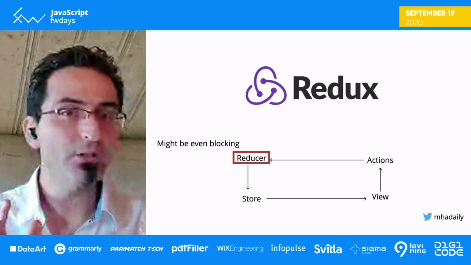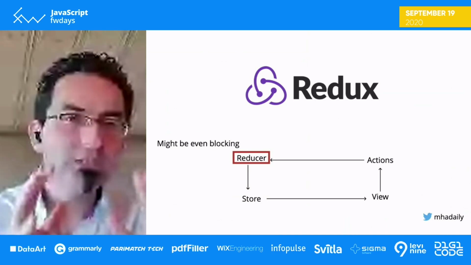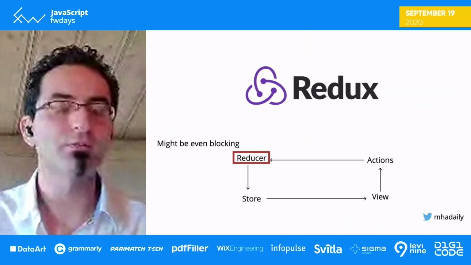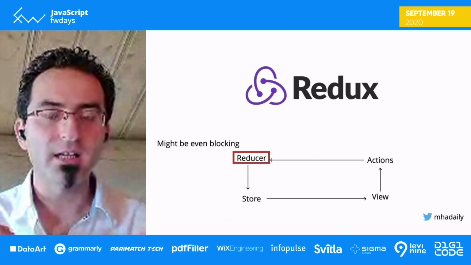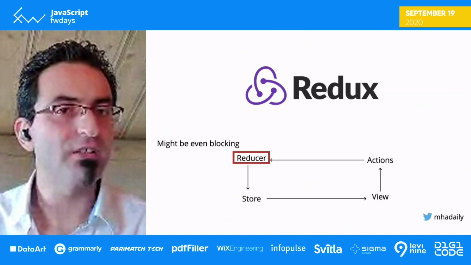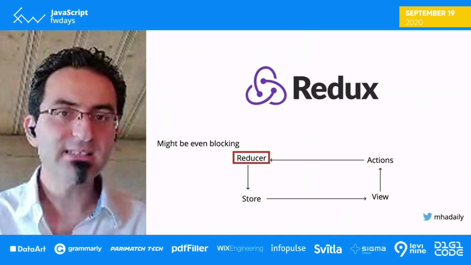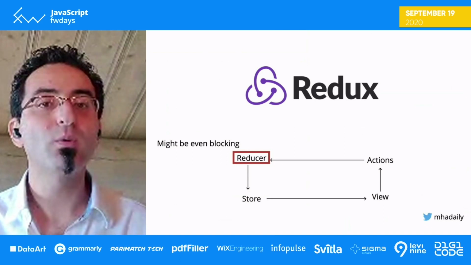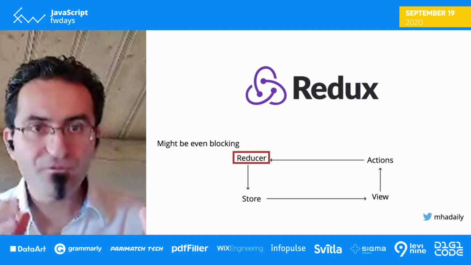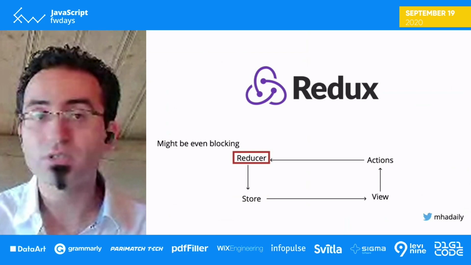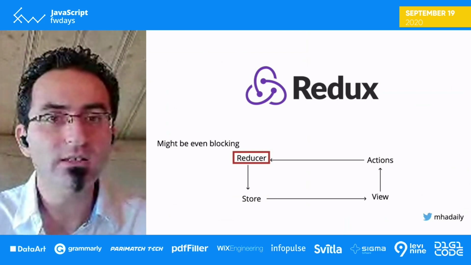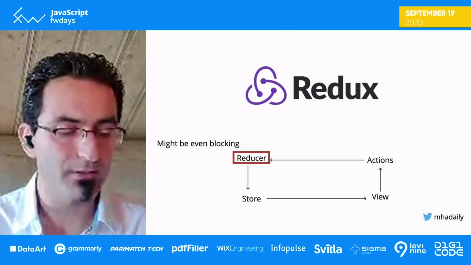But if you think about it, you see that sometimes our reducer is a synchronous task, right? Sometimes it takes time to do something and give you the state. And that is exactly what we want to avoid, because if this happens, then you're blocking your UI. Your user cannot do anything. They cannot interact with the application.